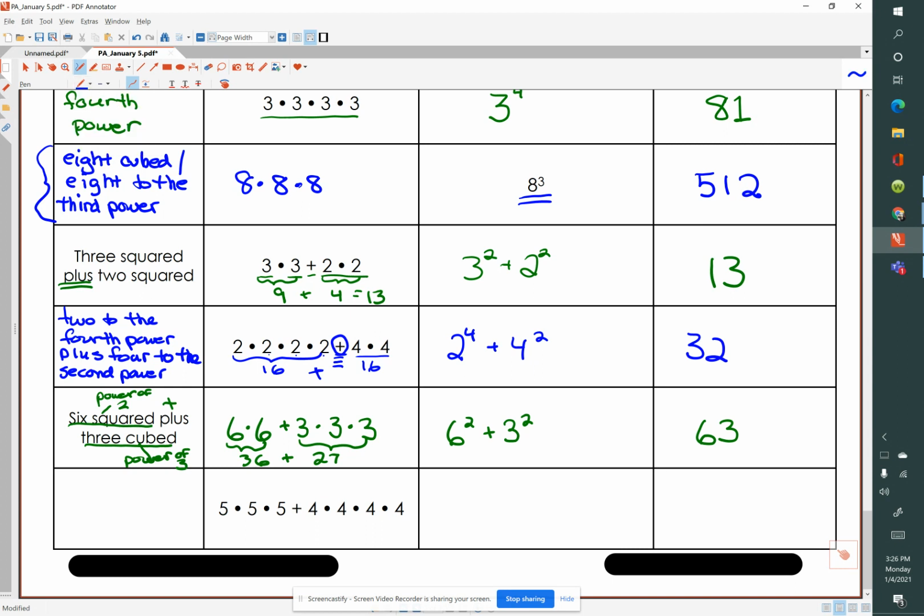And then our last problem today, 5 times 5 times 5 plus 4 times 4 times 4 times 4. So that would be 5 to the 3rd power plus 4 to the 4th power. Let's use those words.